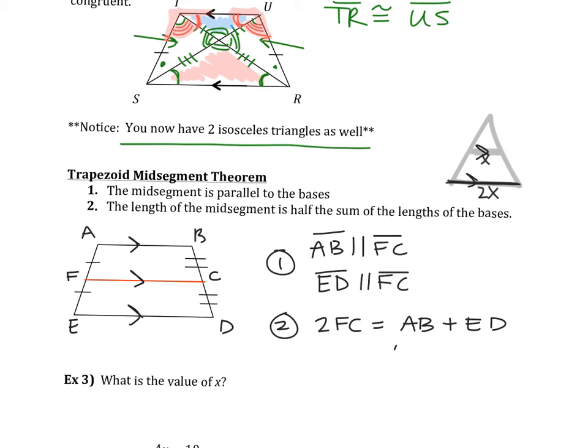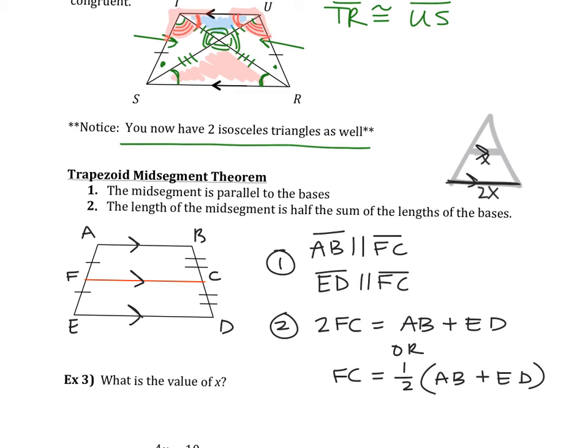Or you could take FC, and it will be half of the sum of the two bases, so AB plus ED. Notice those are really saying the same thing. If I were to multiply both sides by 2 on that bottom one, it would look like the top one. So I don't care which one you use. It's whatever makes more sense to you.